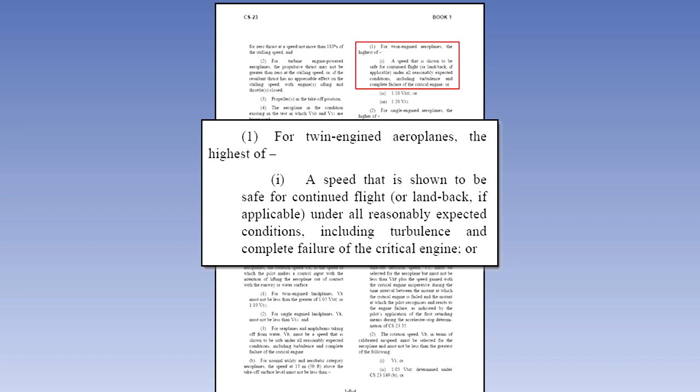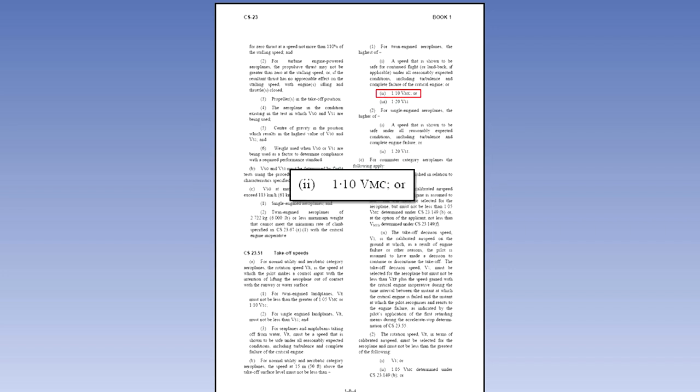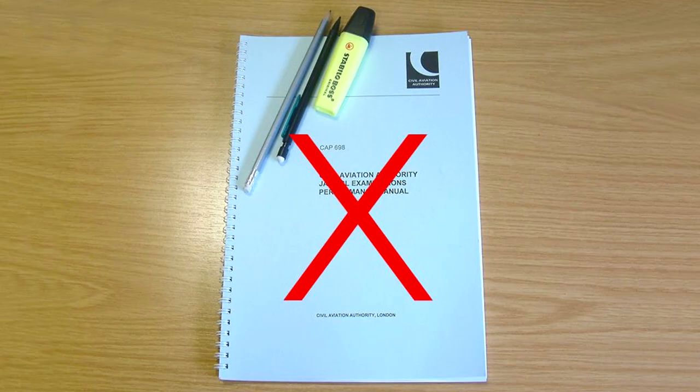Firstly, a speed that is shown to be safe for continued flight under all reasonably expected conditions, including turbulence and complete engine failure. Secondly, 1.1 VMC. And thirdly, 1.2 VS1. The certification regulations concerning VR and the takeoff safety speed are not found in CAP 698 and therefore must be committed to memory.